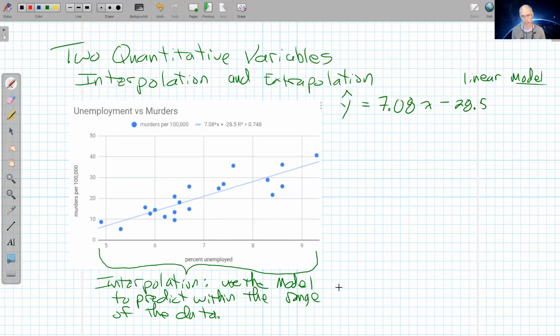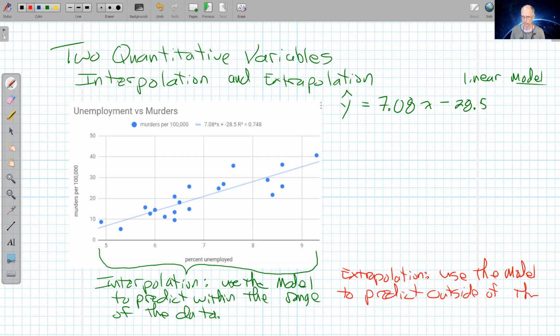Extrapolation is to use the model to predict outside of the data. And again, I'm focusing on the explanatory variable, the independent variable, because that's x, and usually we start by plugging in x, but we could go the other way.